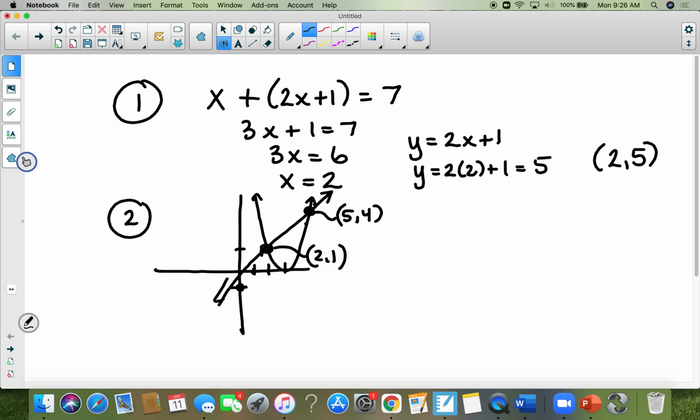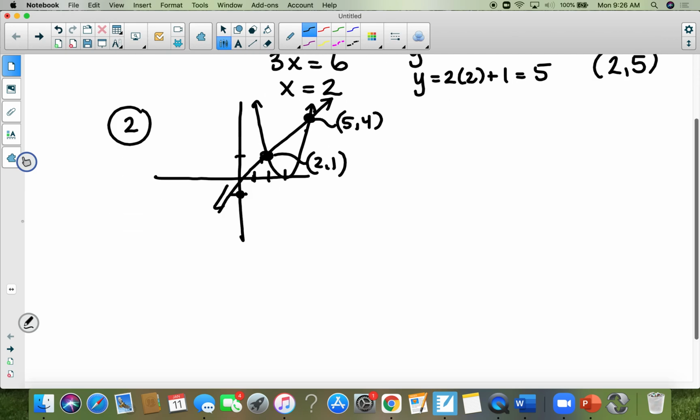Okay, number 3. Find two numbers whose sums add up to 48. So the two numbers have to add up to 48.